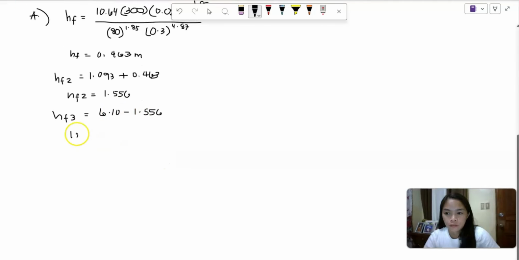So HF3 is equal to 4.544 meters. So that is for the first unknown.